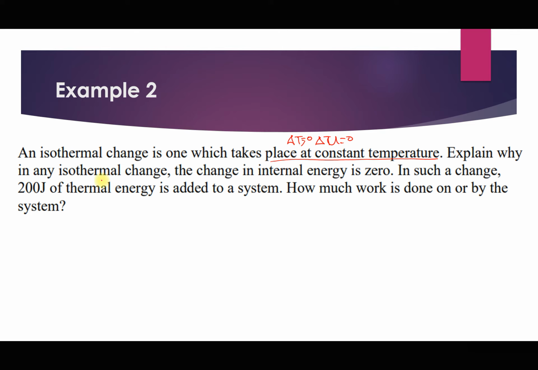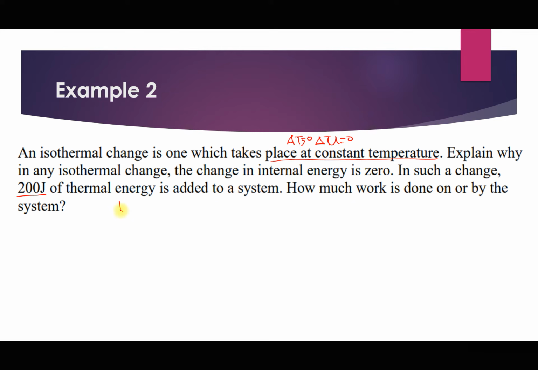Explain why in any isothermal change, the change in internal energy is zero. In such a change, 200 joules of thermal energy is added to a system. How much work is done on or by the system?